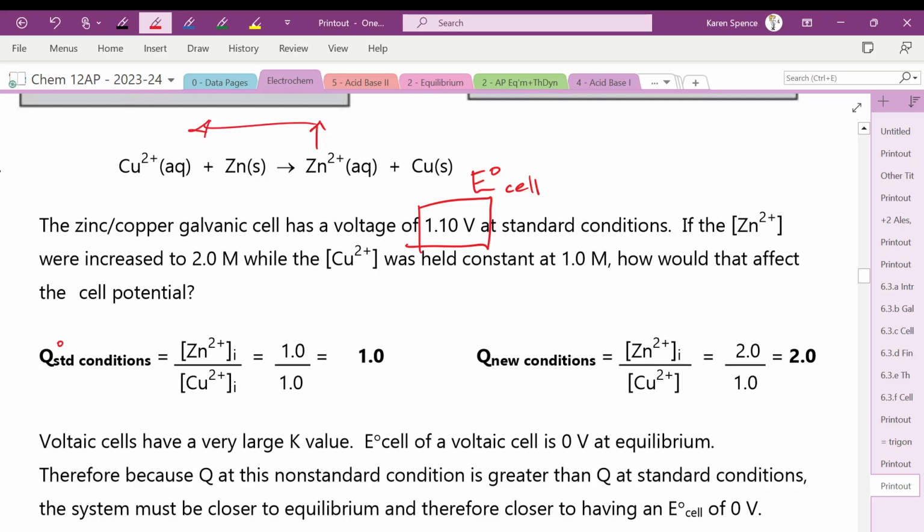So instead of having as much driving force forward, we have more driving force backward than we did before, so the cell potential will decrease. But don't explain it like that. Explain Q is bigger than standard Q. Therefore, we are closer to equilibrium. Therefore, we are closer to 0 volts. Therefore, the voltage decreases. Okay?